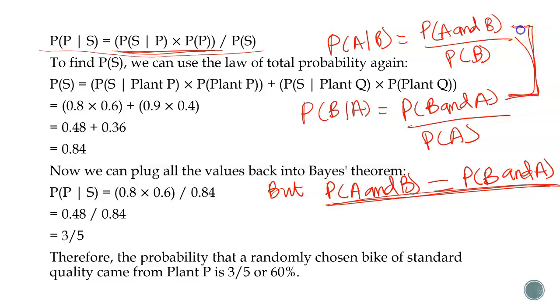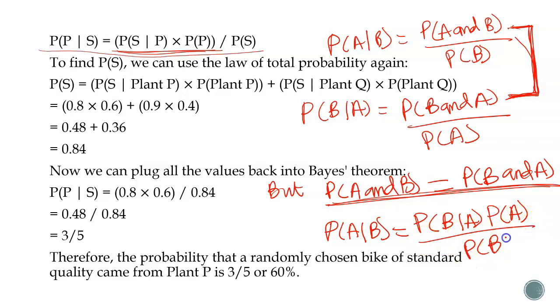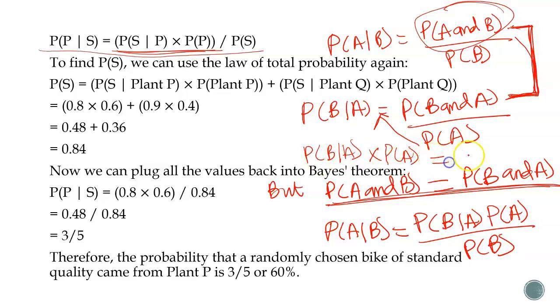When I do my simple evaluation, you realize that the probability of A given B will be equal to the probability of B given A, times the probability of A, over the probability of B. I just did the cross multiplication here, then instead of writing the probability of A given B, I replaced it by this.